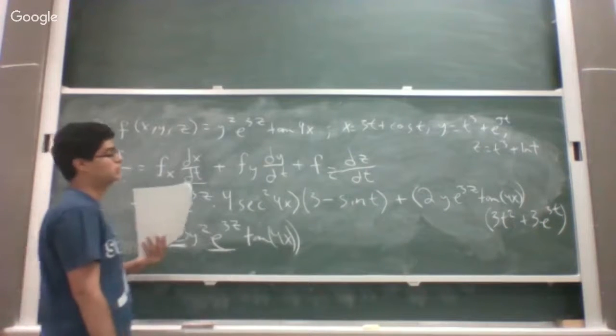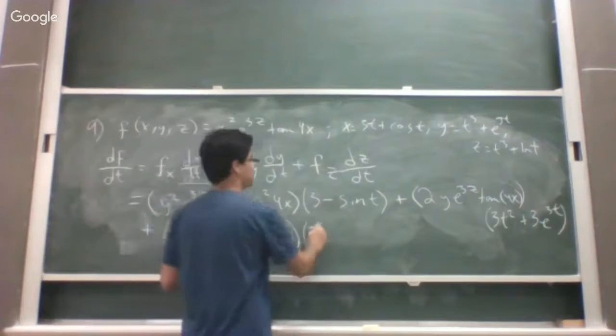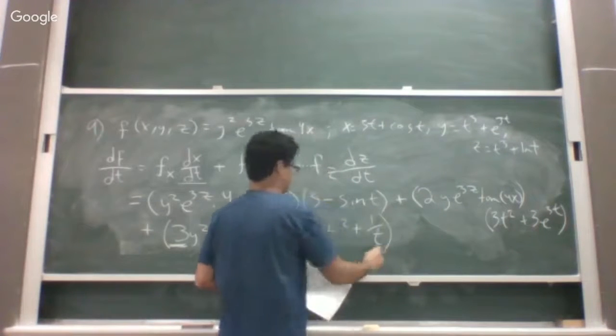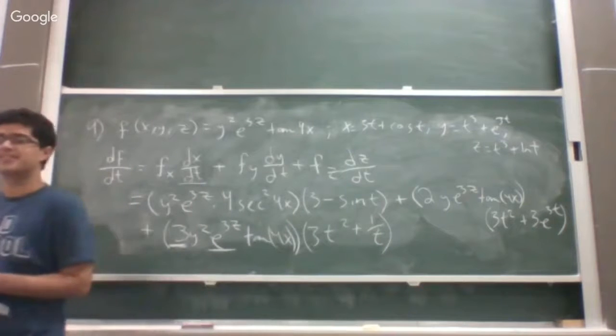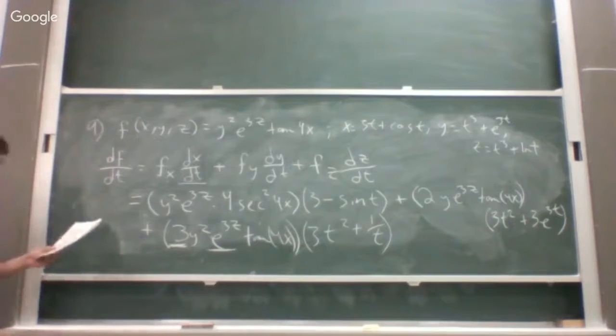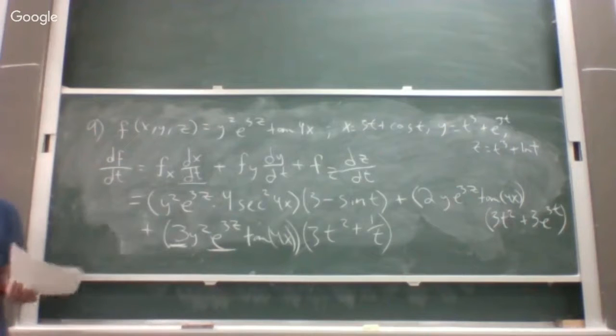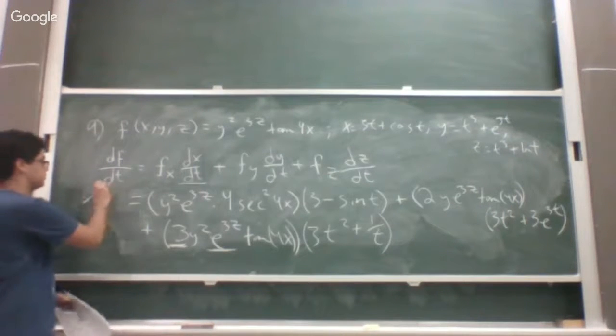The derivative of z with respect to time: 3t squared plus 1 over t. So it was essentially fill in the blank once you realize this part.